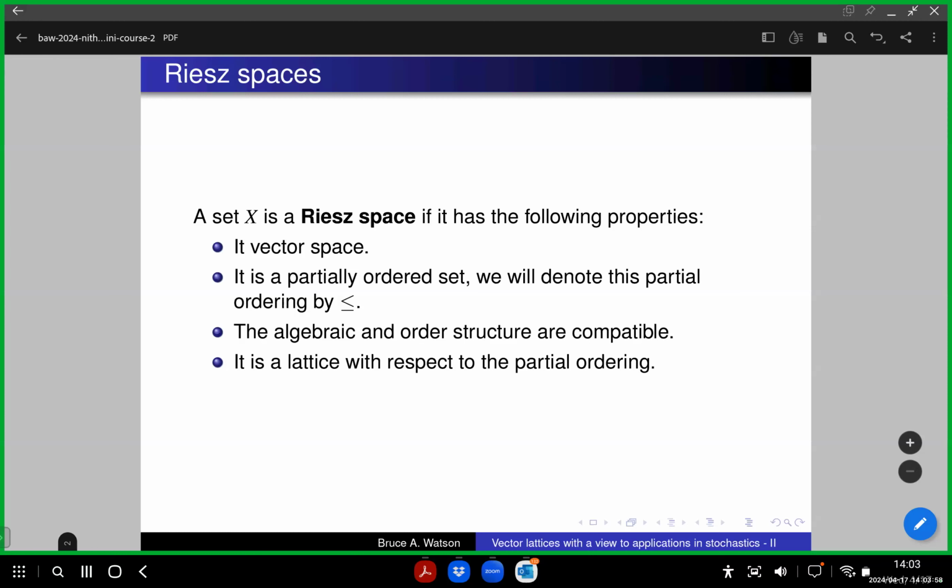The algebraic structure and the order structure need to be compatible. So when you add things to both sides of an inequality, it retains the inequality. And when you multiply by non-negative real numbers, it retains the inequality. And it needs to be a lattice with respect to the partial ordering. In other words, every pair of elements must have a supremum and an infimum in the space.